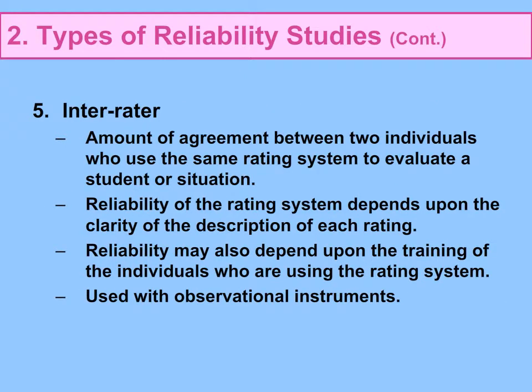Some tests require professionals to observe and rate a student's behavior or performance. The behaviors have to be defined and described on a scale. The rating system must be clear, and the reliability studies help establish that when 2 people rate a student whom they have observed at the same time, the 2 raters will consistently rate the student at the same level.